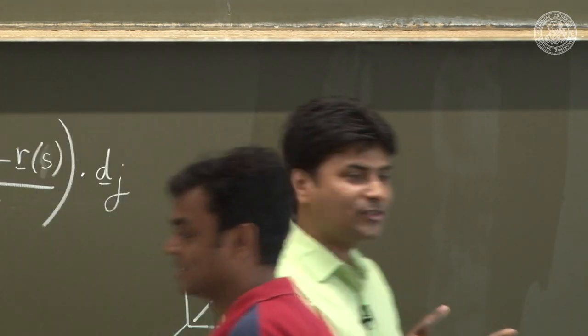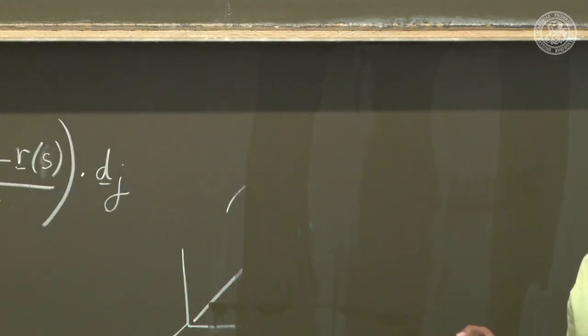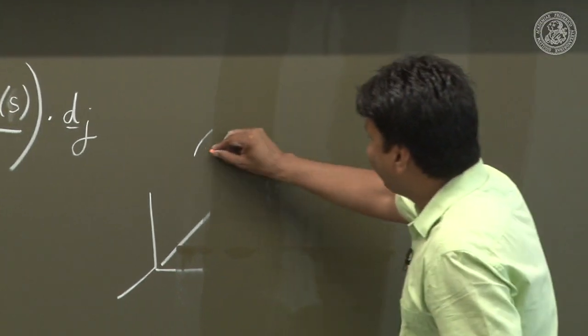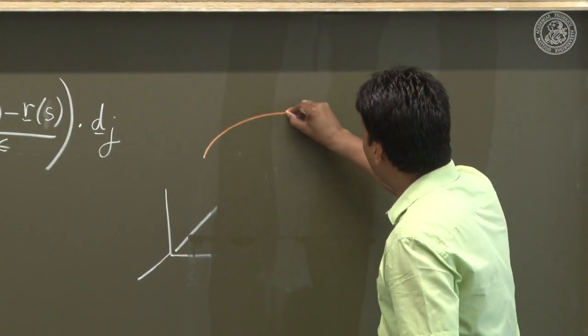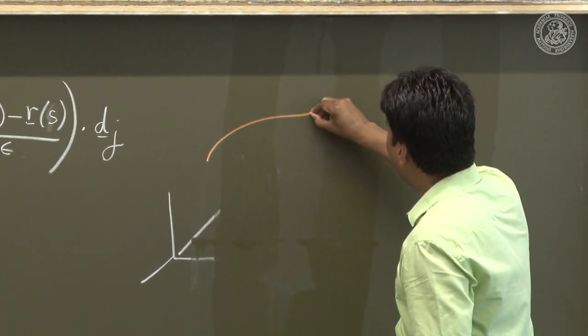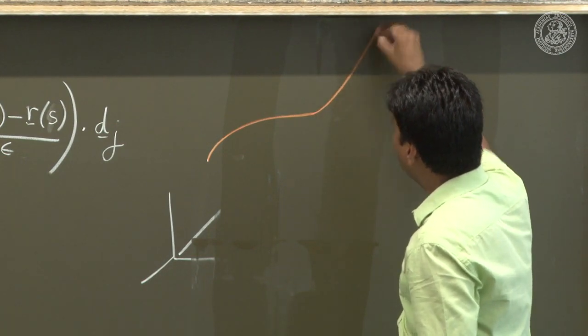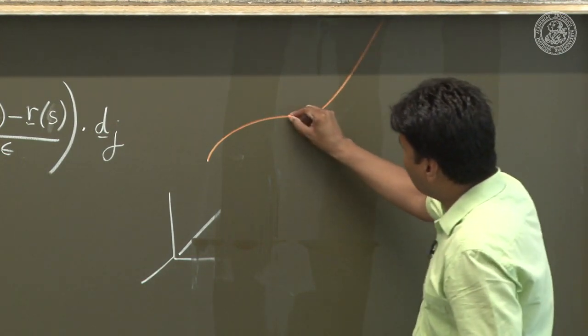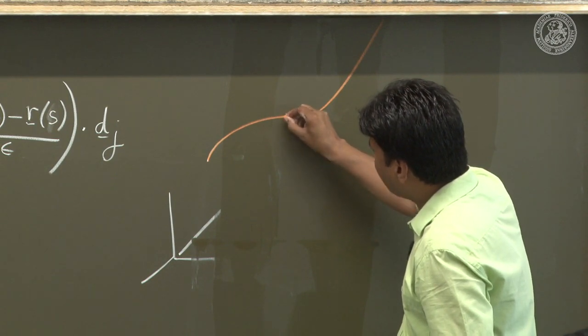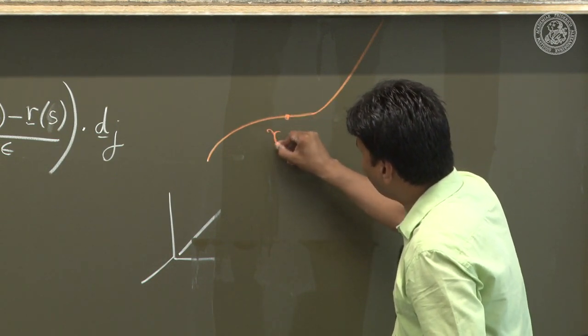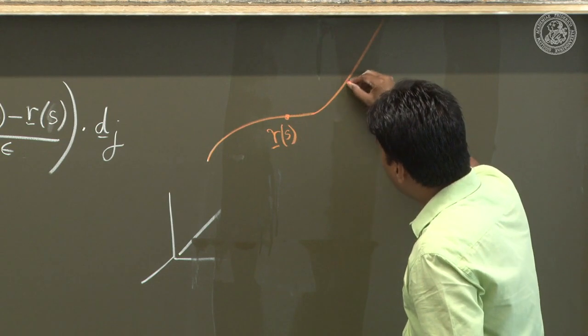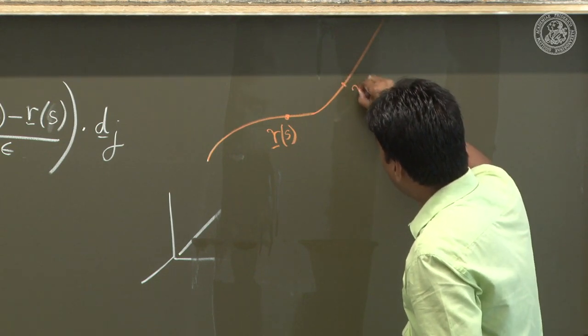I'm not sure if I can make it good again. It might turn out to be equally bad. All right, so here's my small r of s, and that's your small r of s plus epsilon.